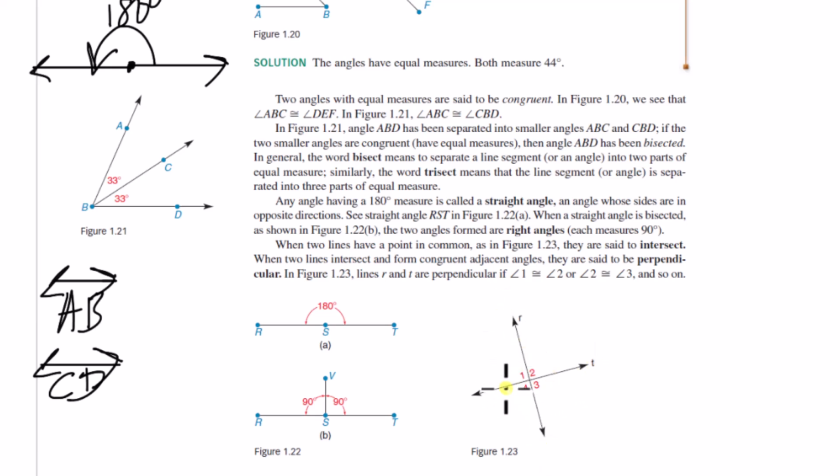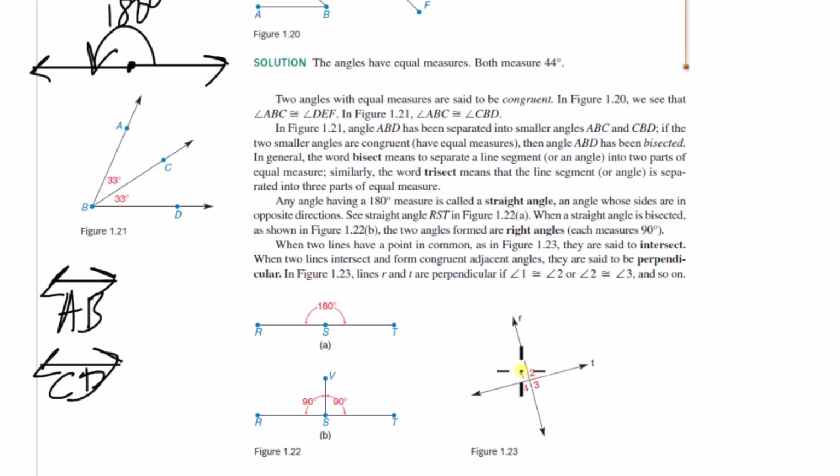Yes, because the sides are going to form these congruent adjacent angles, so you're bisecting 180. If angle 3 is congruent to angle 4, then angle 3 and angle 4 must be 90 degrees. It's perpendicular.